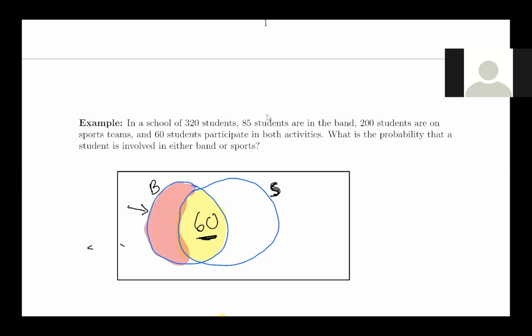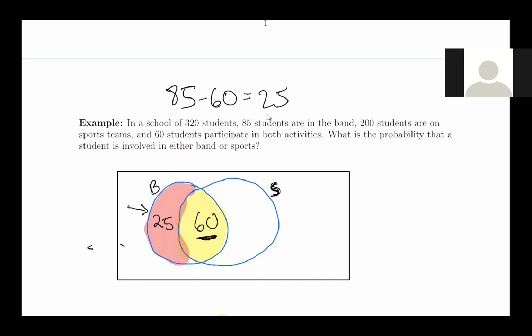Yeah, 25. You put 25 over here. And the way that you get that, you just do 85 minus the 60. And that's how you get the 25 over here. Okay, if you do 25 plus the 60, you get 85. All right. Any question on the 25?